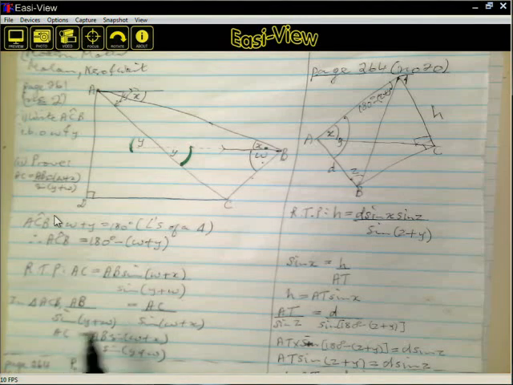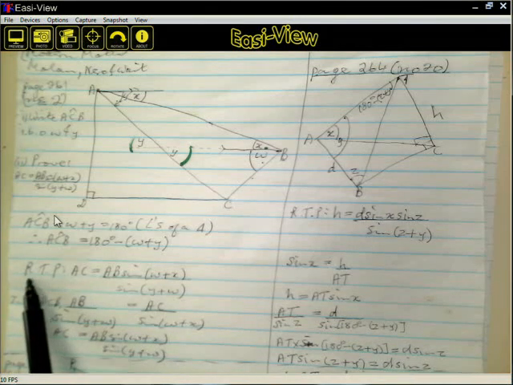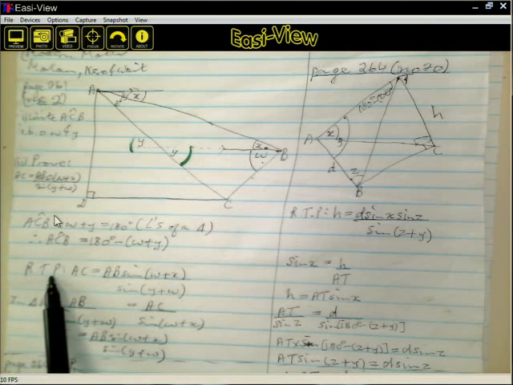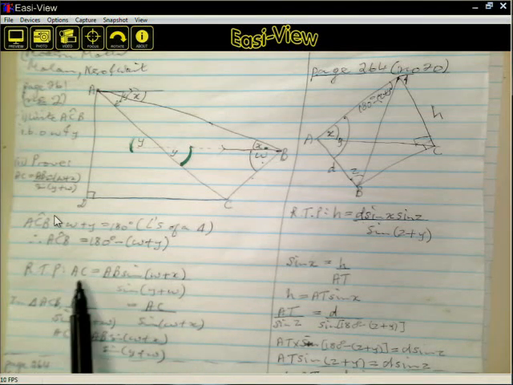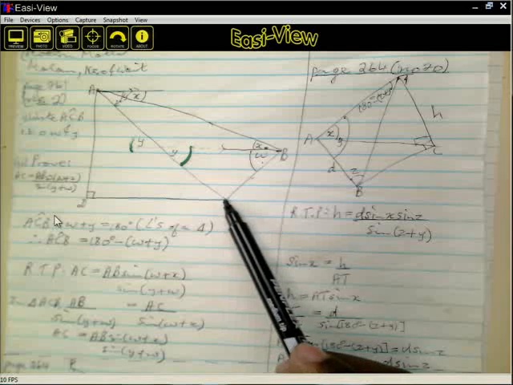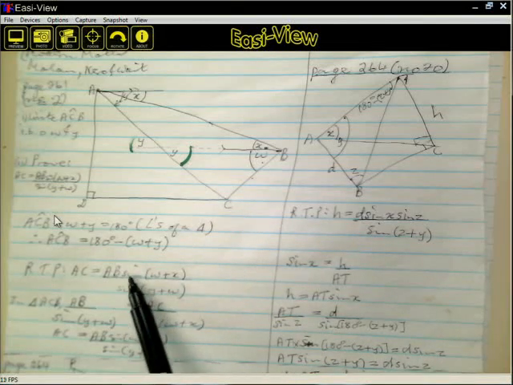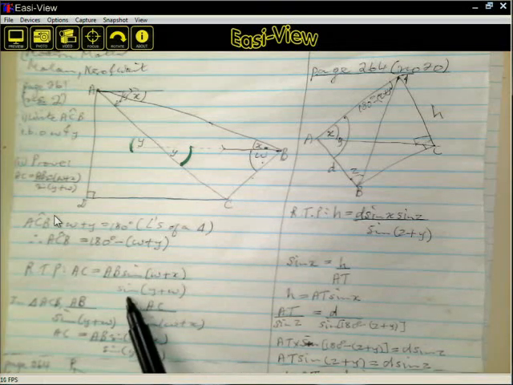RTP stands for required to prove. What do they want us to prove? That AC, this side here, is equal to AB sine(W plus X) over sine(Y plus W).